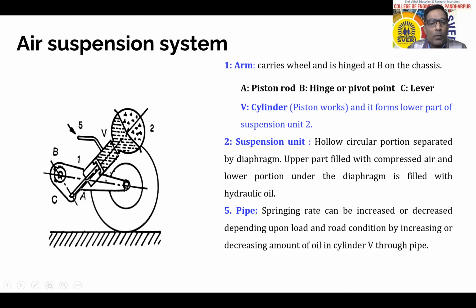By providing the hydraulic oil, we can change the springing rate, which can be increased or decreased depending upon the load and the road condition, just by increasing or decreasing the amount of oil inside the cylinder 5. So this is the air suspension system component.